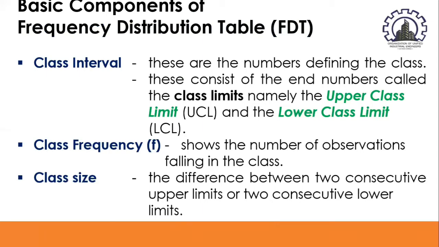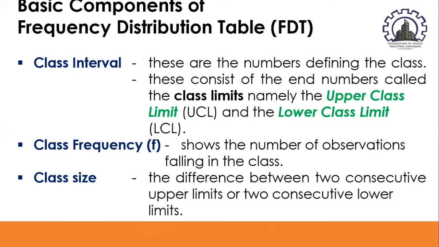So let us start by discussing what a class interval is. If we say class interval, these are the numbers defining your class, okay? Aside from that, these also consist of the end numbers called the class limits. And take note, your class limits are divided into 2.